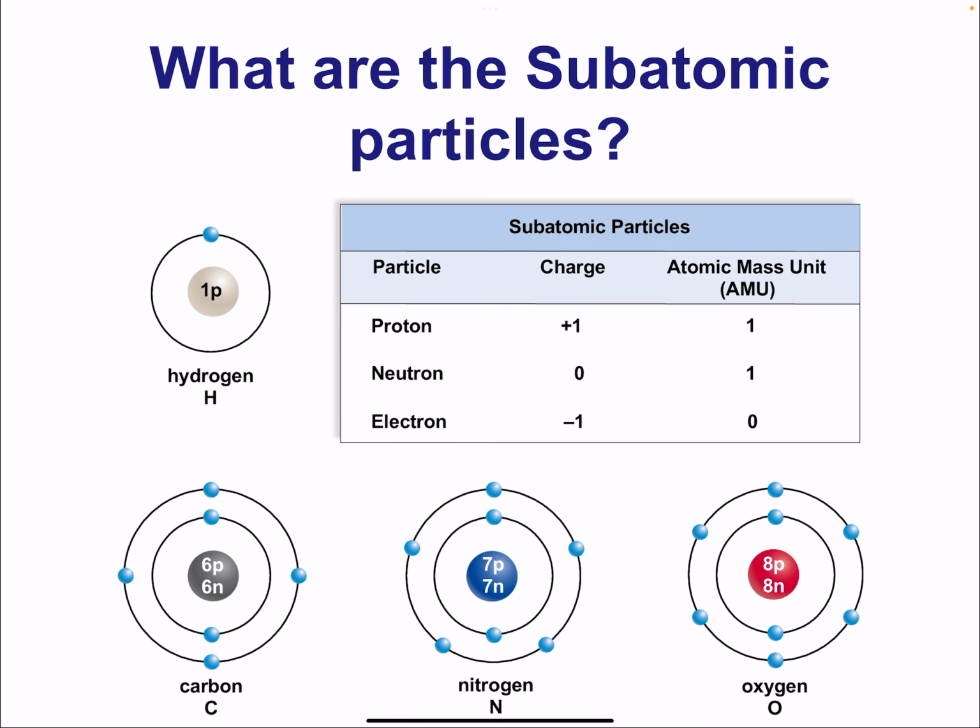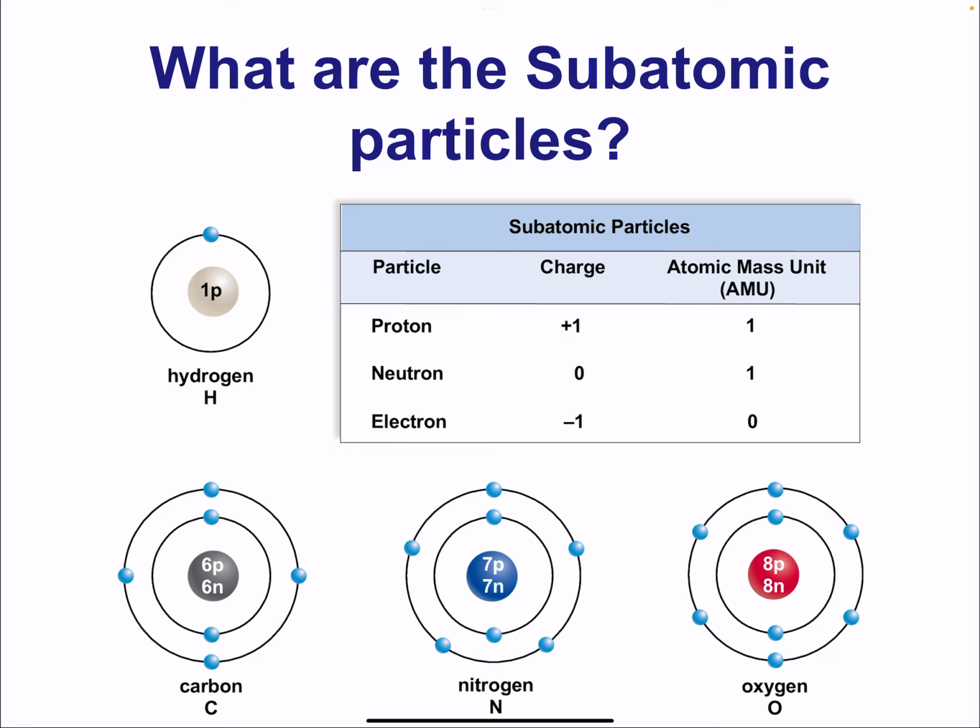Now, let's look inside of the atom. An atom is organized in such a way that you have a central component that we call the nucleus, and around the nucleus are gravitating additional elements.